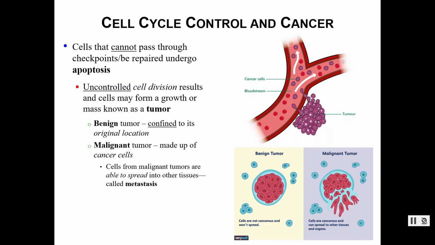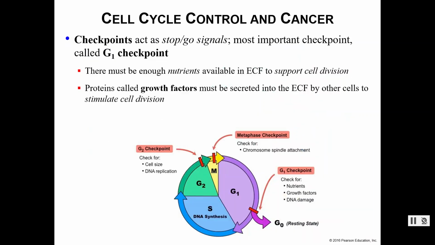If we go back just one slide and look at our picture, we said that as we go through G1, when we get to this checkpoint, we have to stop and really take note of: can we do this, and should we do this? If we can, and even if we just have to pause for another minute or two to get the last few nutrients that we need before we move on, that's fine.